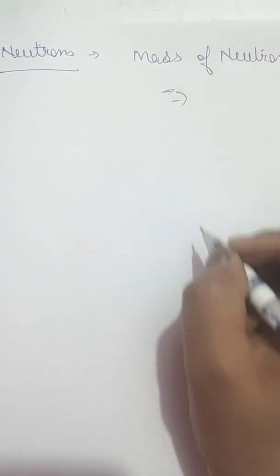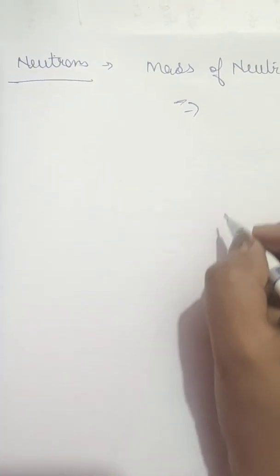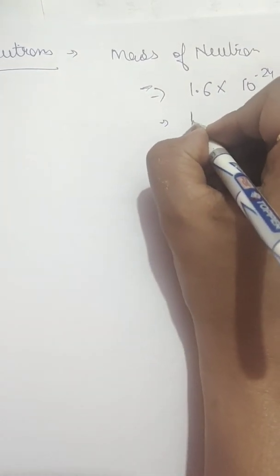Neutrons reside in the nucleus, so they have mass. The mass of a neutron is almost equal to the mass of a proton, which is 1.6 into 10 to the power minus 24 grams, so we also take it as 1u.